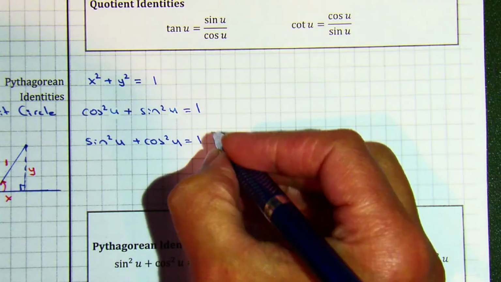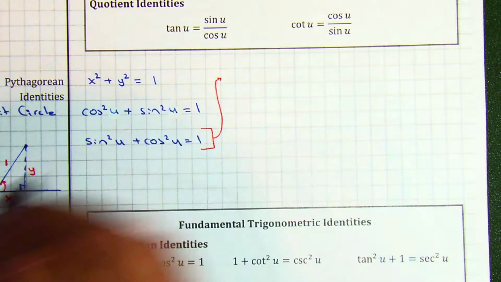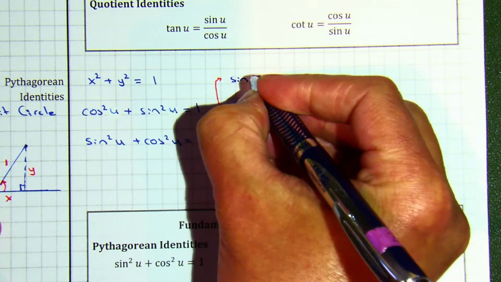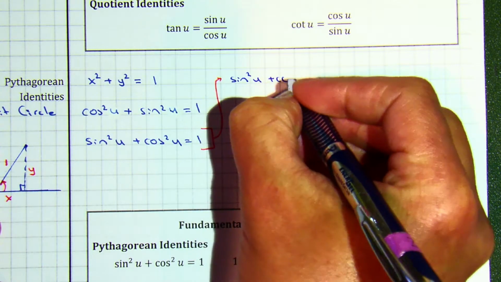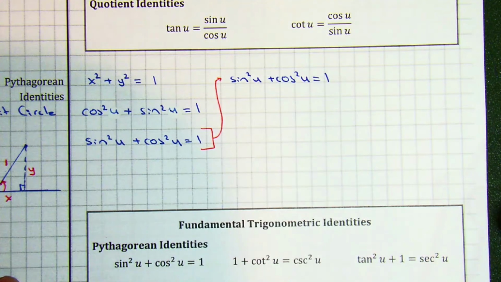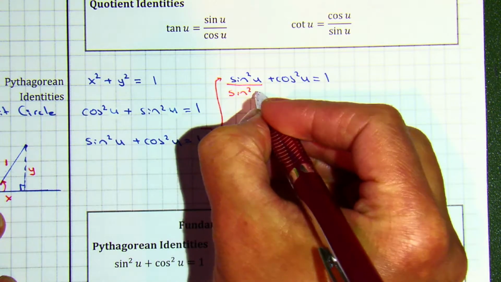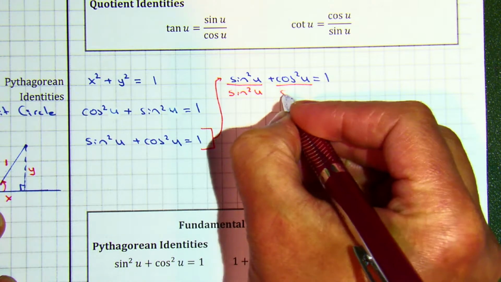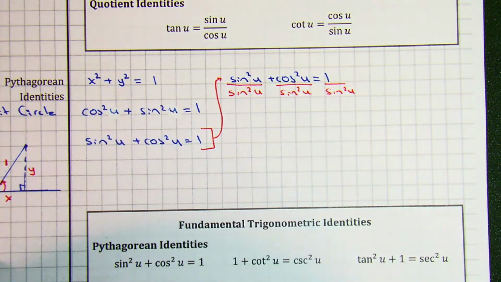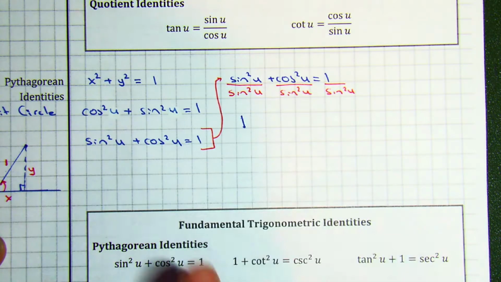Now, I'm going to take this, and I'm going to write it a bit smaller. I have sine square of u plus cosine square of u equals 1. I'm going to divide both sides by sine square of u. Therefore, sine square of u divided by sine square of u gives me 1, which is here.